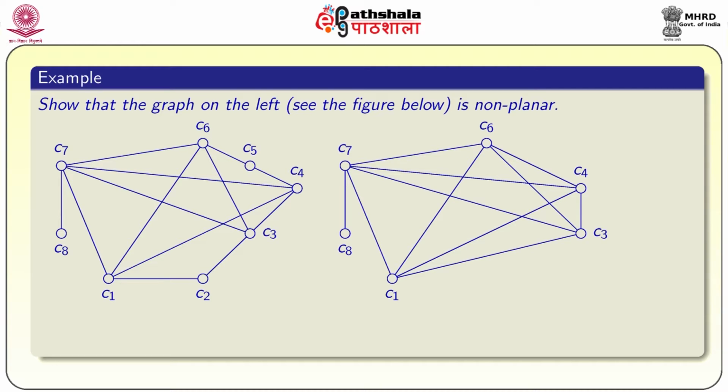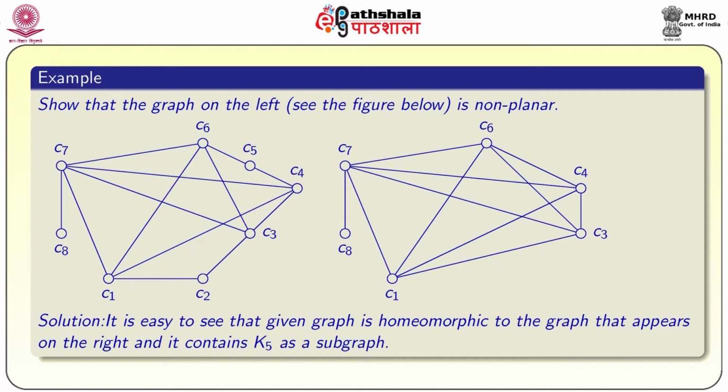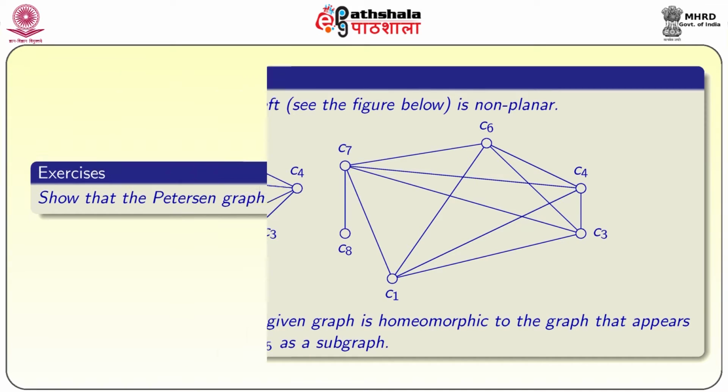So the original graph is not a planar graph. Again, it is easy to see that the given graph is homeomorphic to the graph on the right that contains K5 as a subgraph. So, by the previous theorem this graph is not planar.